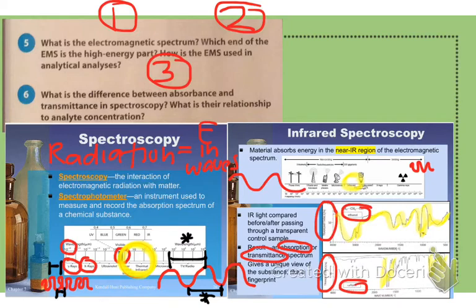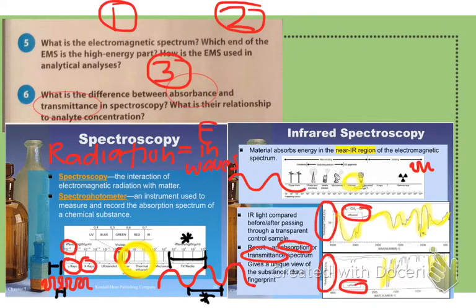And so that's how we use it for analysis. We are measuring the amount of radiation that is either absorbed, but in the case of our textbook, we are actually looking at the amount of radiation that is transmitted. So that is question 5, and 6 actually. What is the difference between absorbance and transmittance? Those are two words you can look up in the dictionary or in your textbook. There's absorb, and we want to make sure we define transmittance.